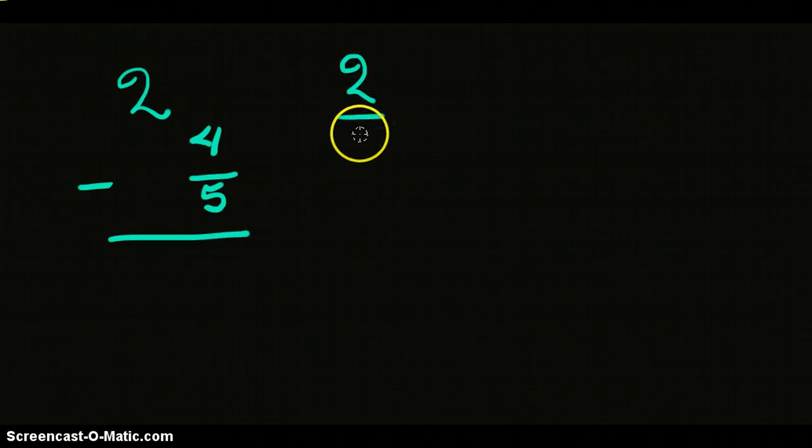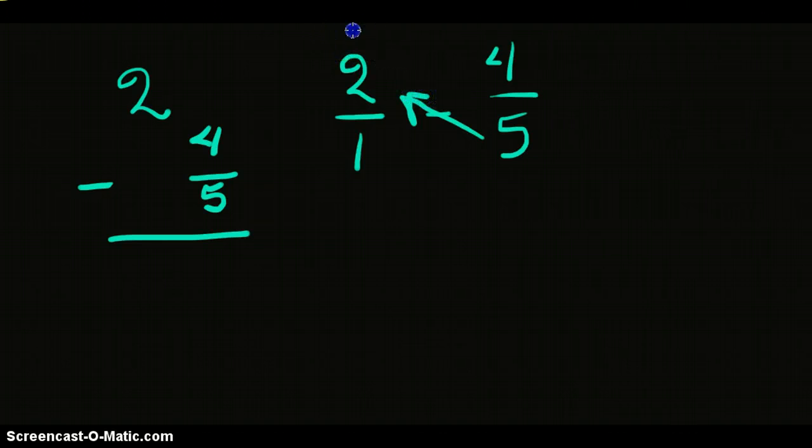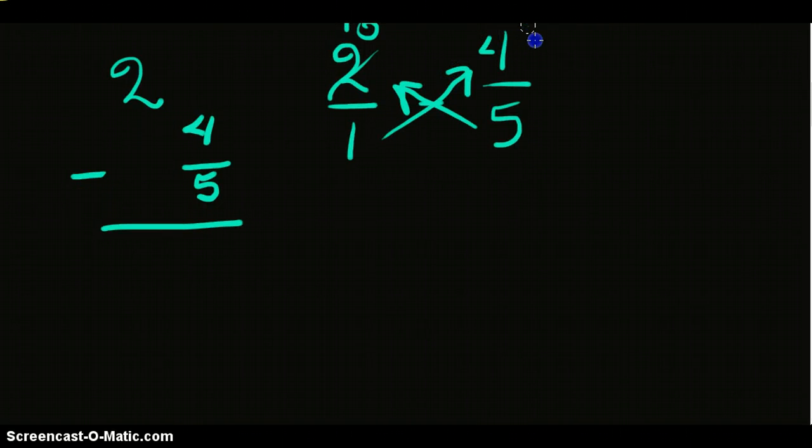I change my whole number 2 to make it look like a fraction, and I subtract 4/5. The operation, precisely the same. Cross multiply, I get 10. Cross multiply, I get 4. And I simply subtract.